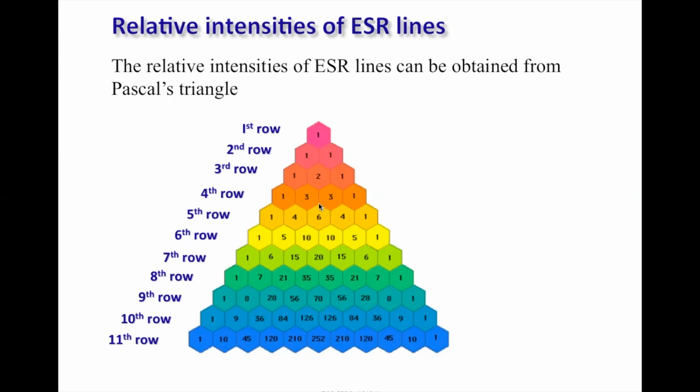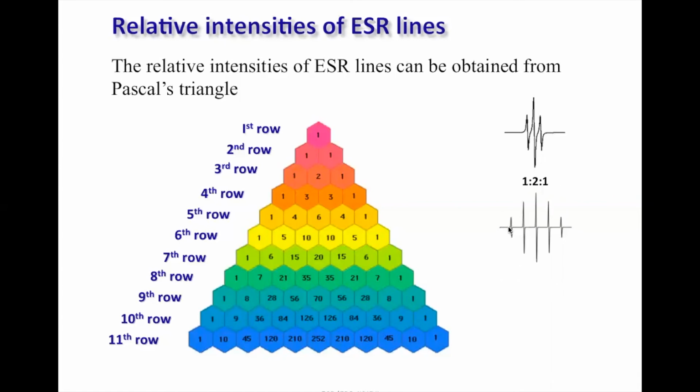For example, if a molecule shows 3 ESR lines, its intensity will be 1:2:1 as per the third row of Pascal's triangle. Here you can see 1:2:1. So when we get 3 ESR lines, then the intensity of the lines will be 1:2:1.